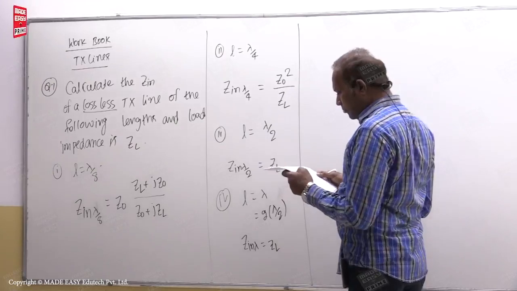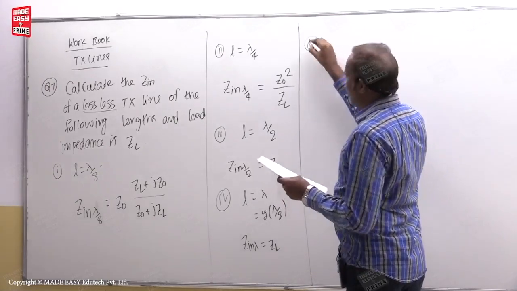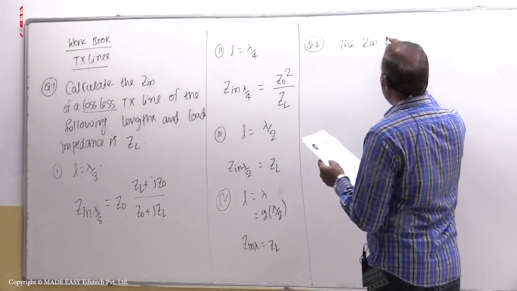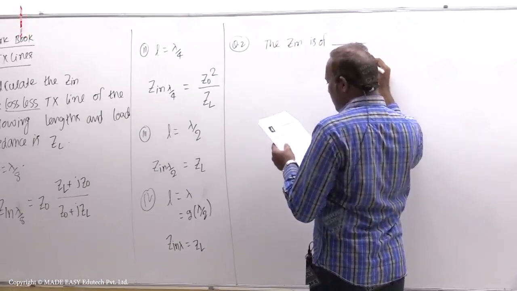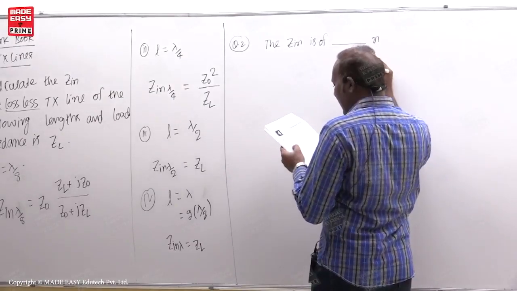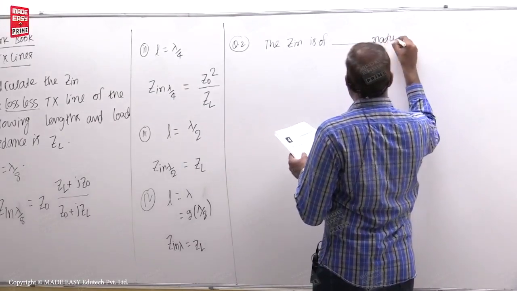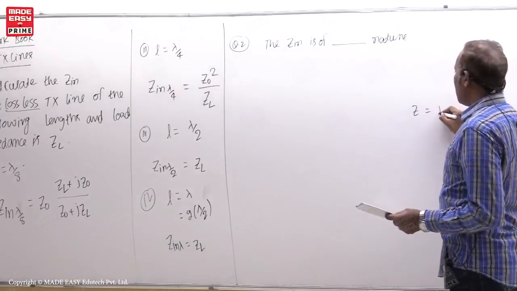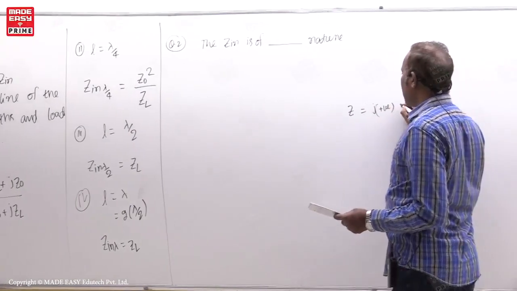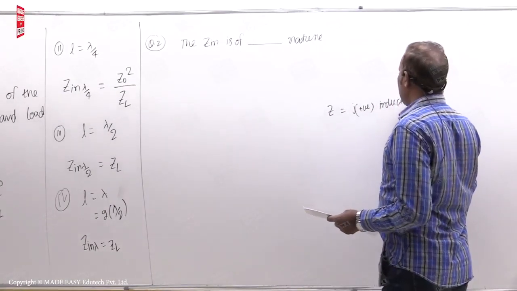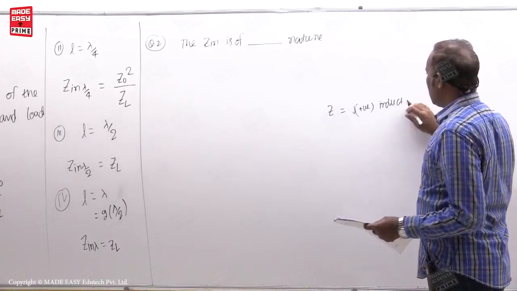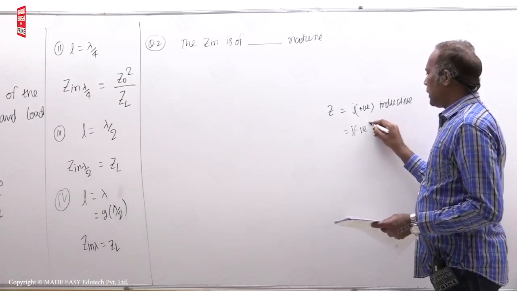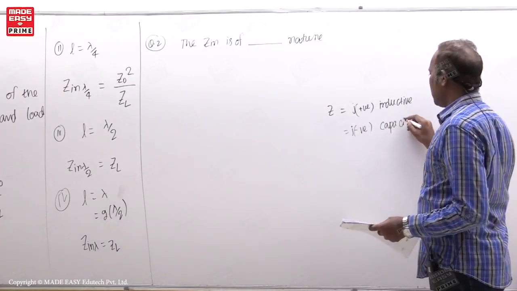Okay. Now, the second question asks of which nature the input impedance Zin is. Nature means, for example, students, if the impedance is j positive, that is inductive. If you get j negative, that is capacitive.